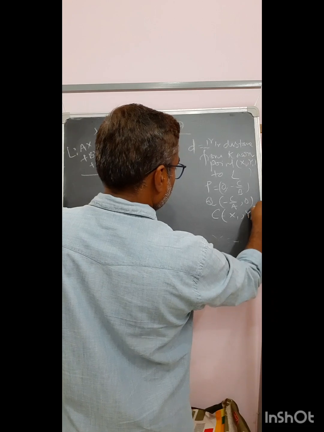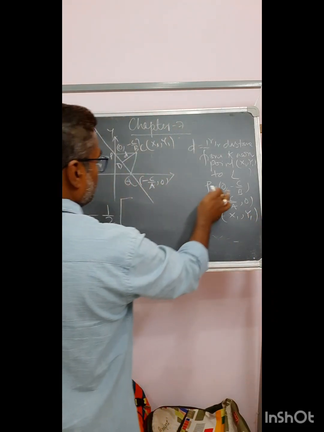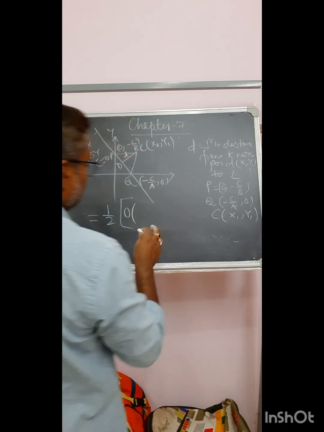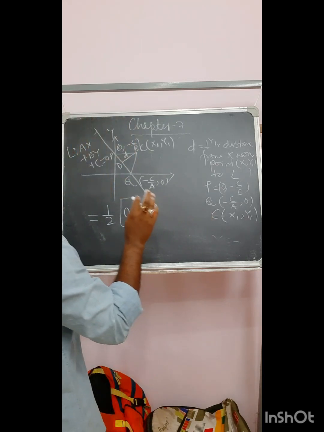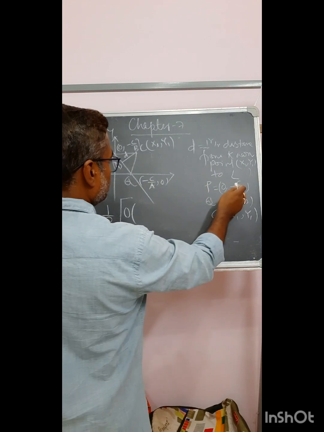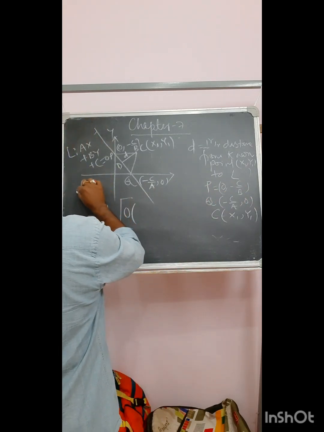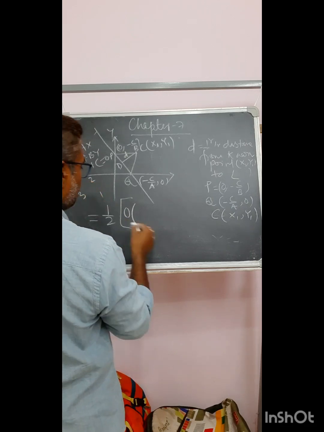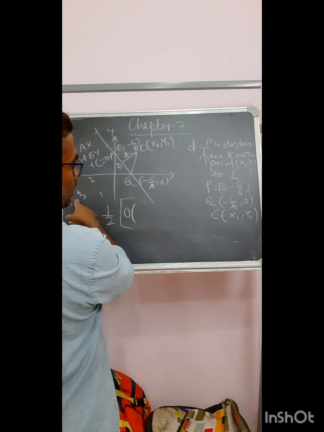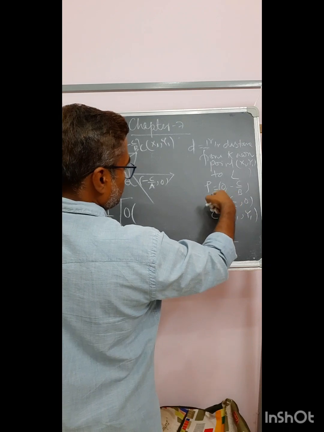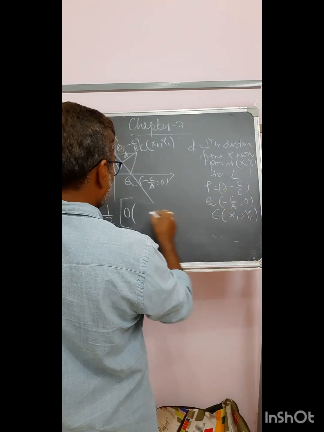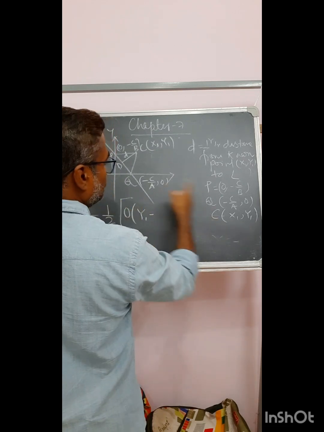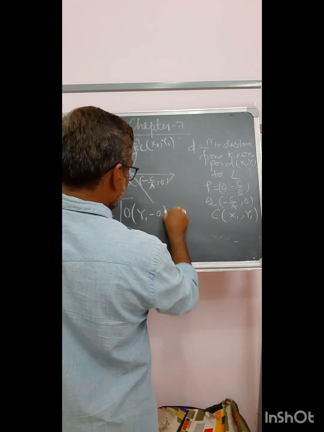Okay, so if I put these values, first x1 into y3 minus y2, this one 0.